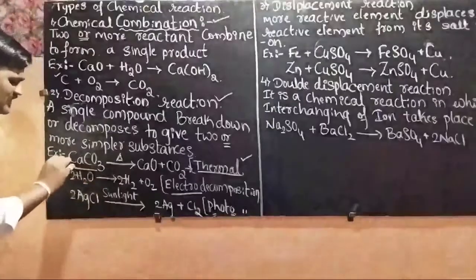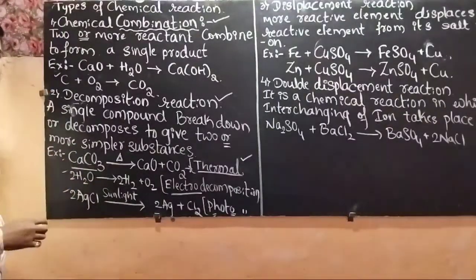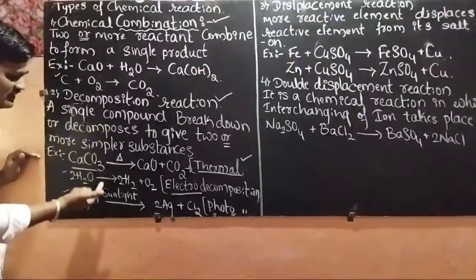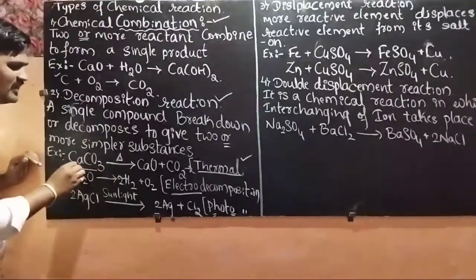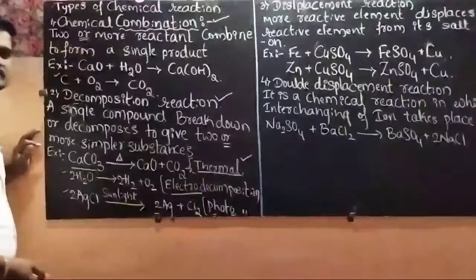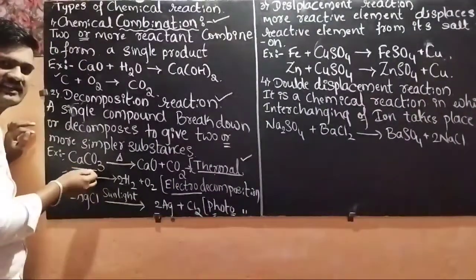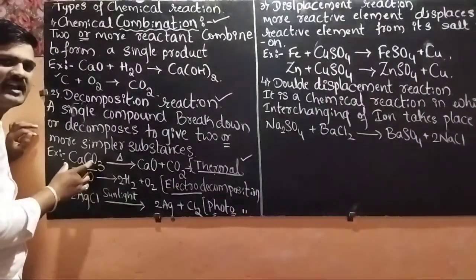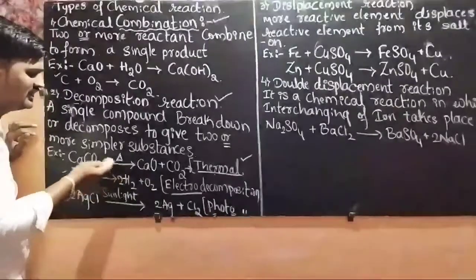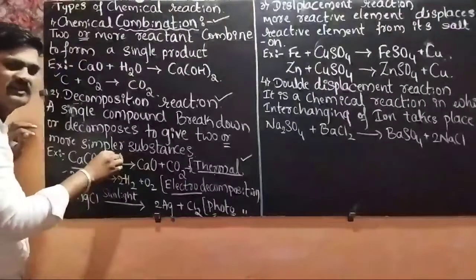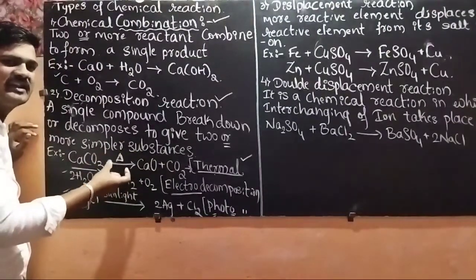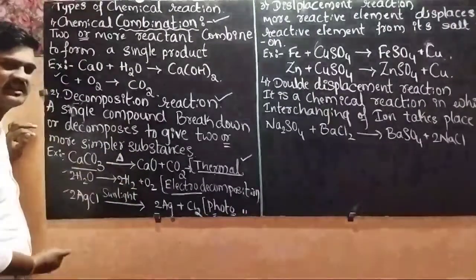Let's explain these three by taking chemical reactions. These are the types of decomposition reactions. The first one is thermal decomposition. In the reactant side only one reactant is there on the left of the arrow mark, and the delta symbol indicates we are giving heat energy to the reactant.